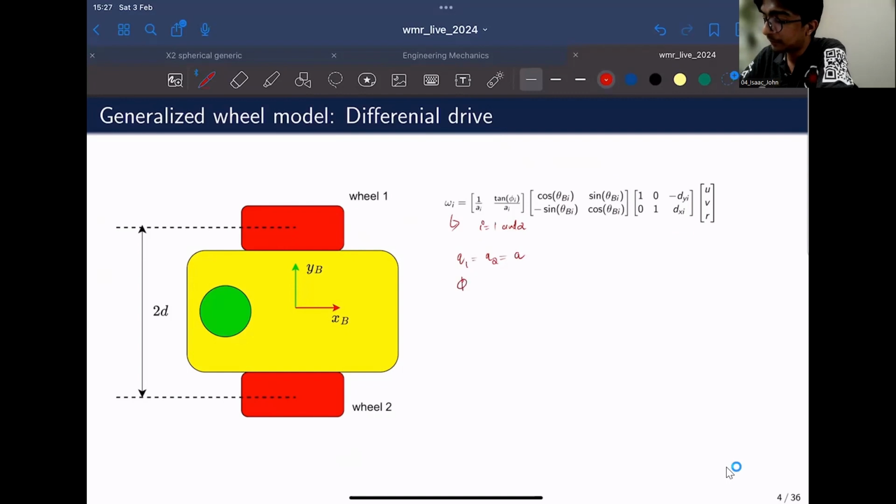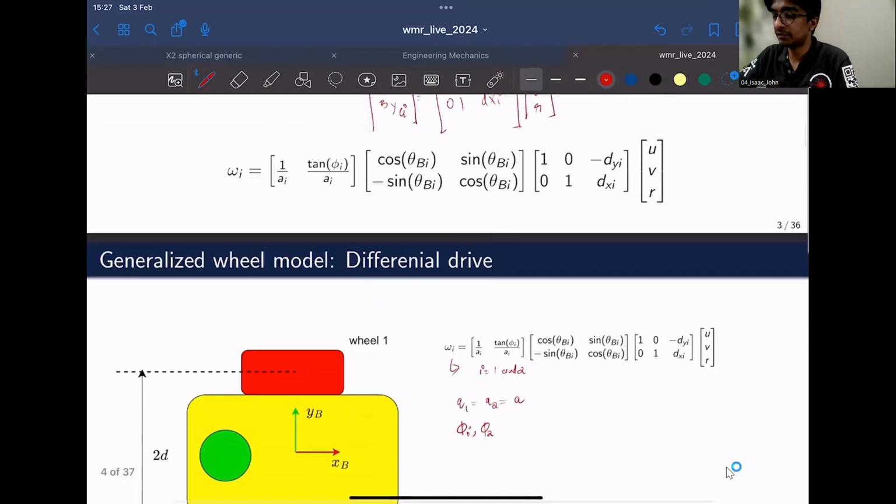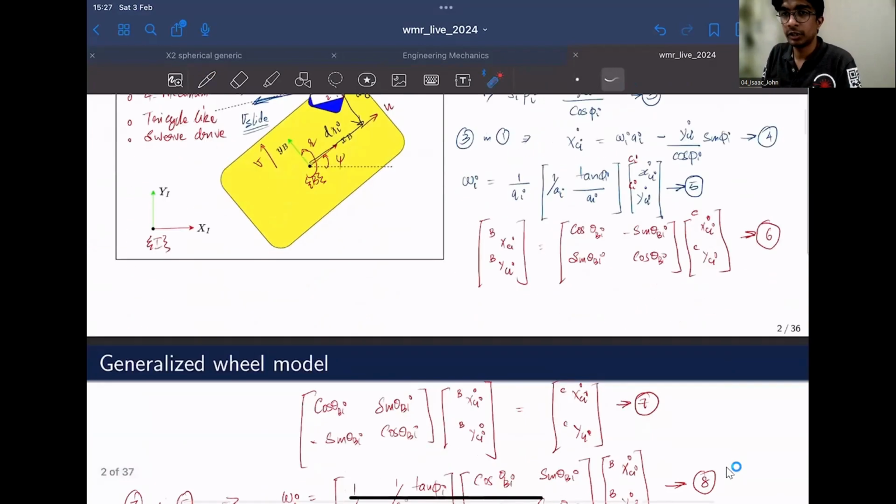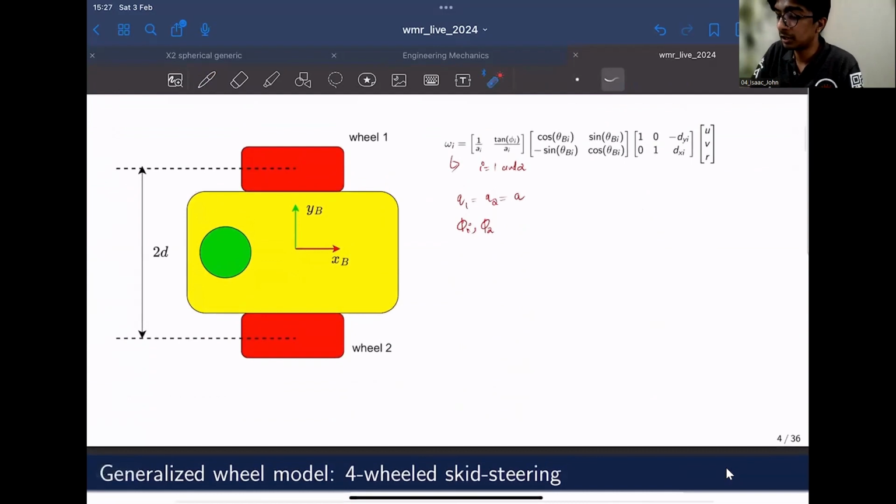And phi 1 and phi 2 are the angle the sliding velocity of the roller makes with respect to the YCi axis, like we have seen in the previous slide. If this is the sliding velocity of the roller, and this is the YCi axis, the angle between V slide and YCi is phi. Since we don't have any passive rollers, phi 1 and phi 2 can be considered to be 0.